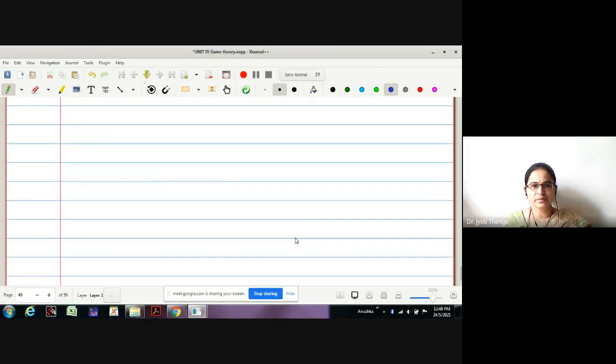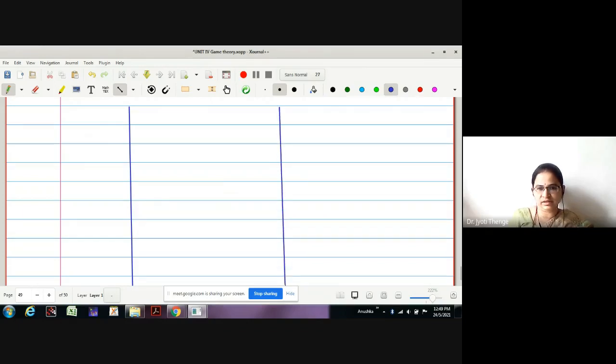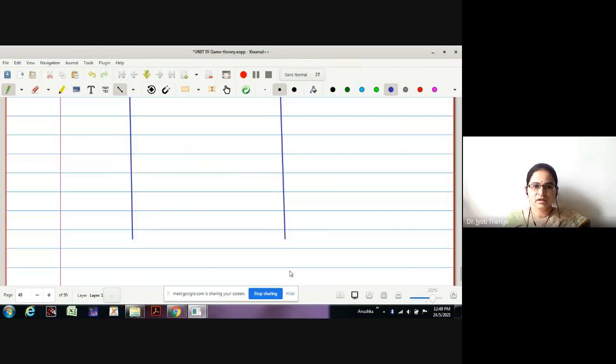Okay, let me just draw the line then. Now, as all the pair of entries are non-negative, depending upon these entries, you have to discuss how to draw the line. Okay, so for here, this is my axis 1.